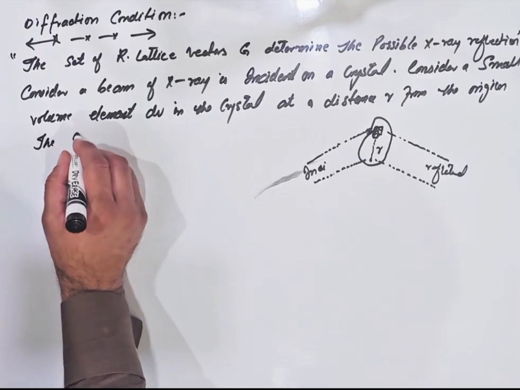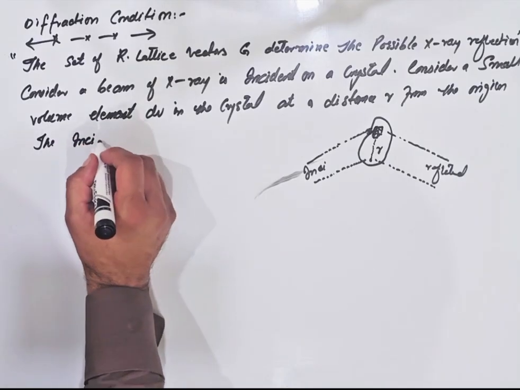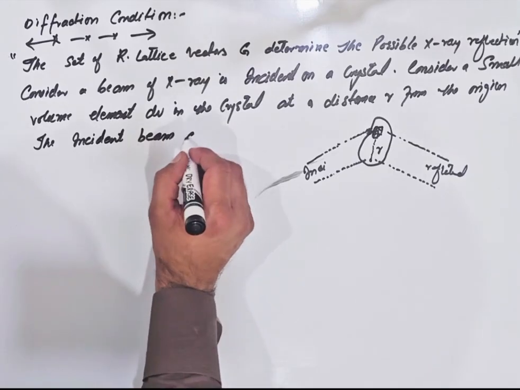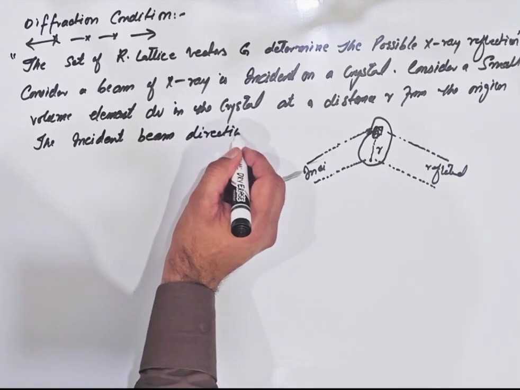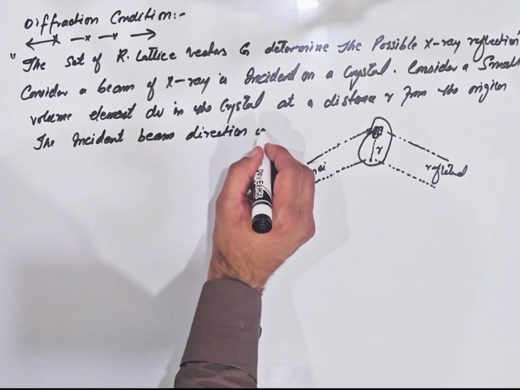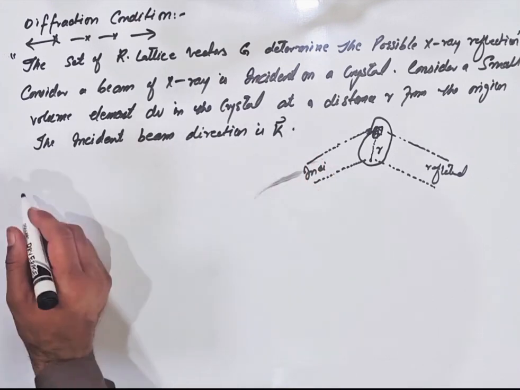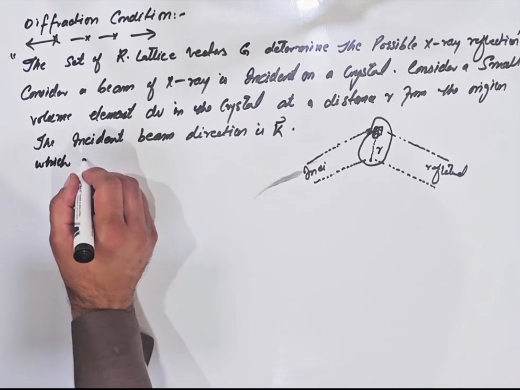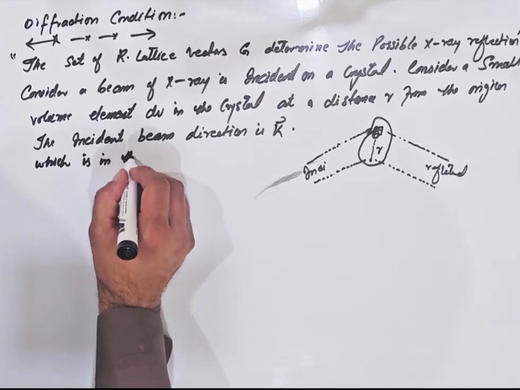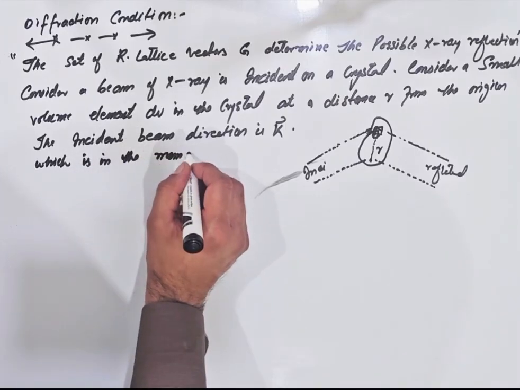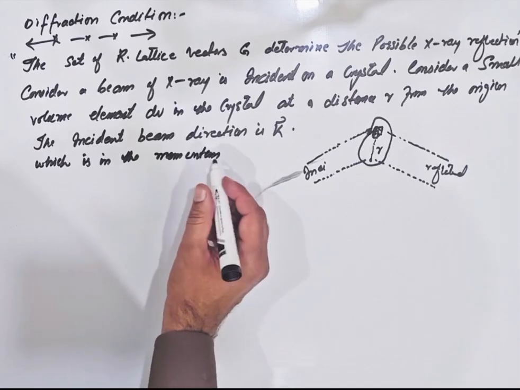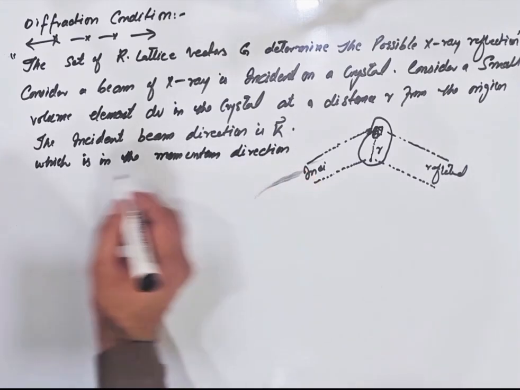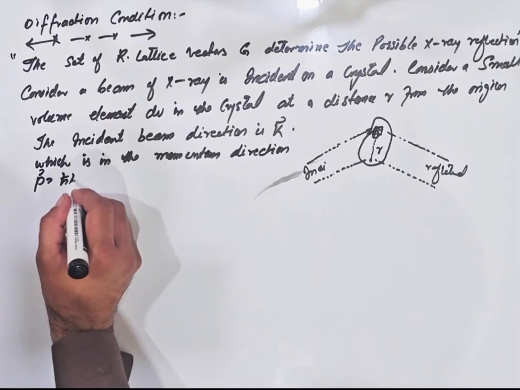The incident beam direction is wave vector k, which is in the momentum direction, E is equal to h cut k.